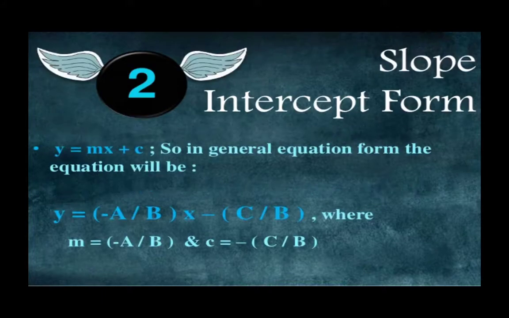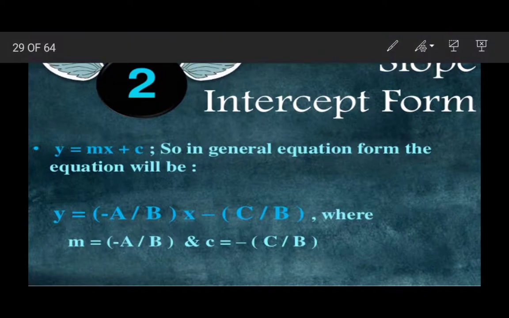Then the second is the slope intercept form, y is equal to mx plus c. If the slope is given and the y-intercept is given, then the equation of a line is y is equal to mx plus c.